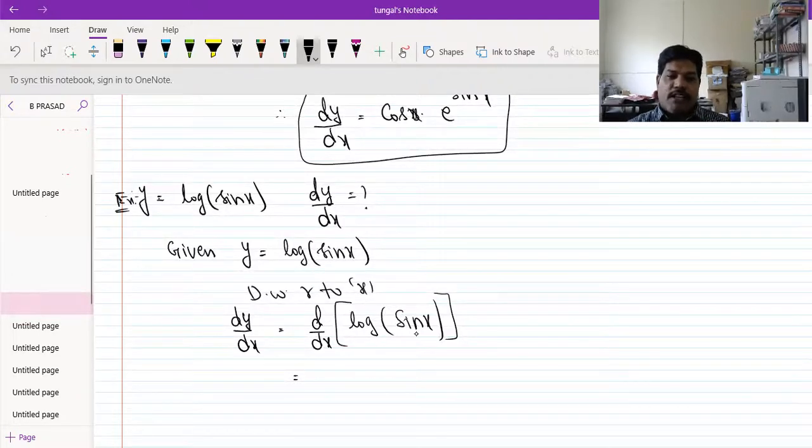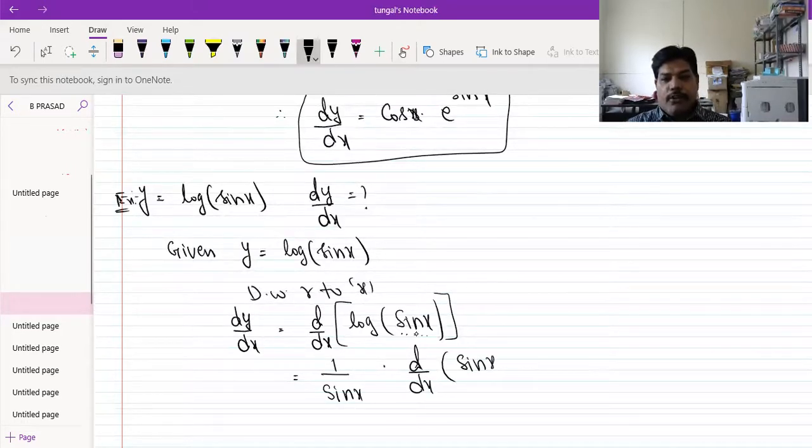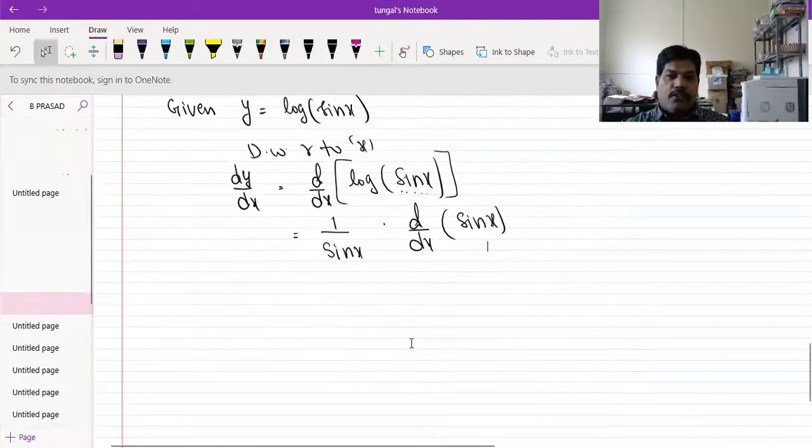What is f of x here? That is sin x. So 1 by f of x, where f of x is sin x, into the derivative of sin x.